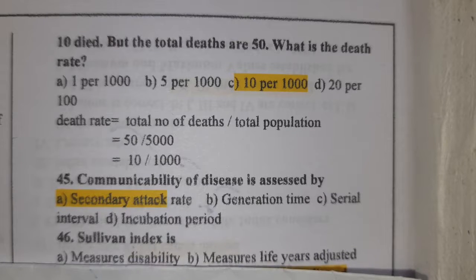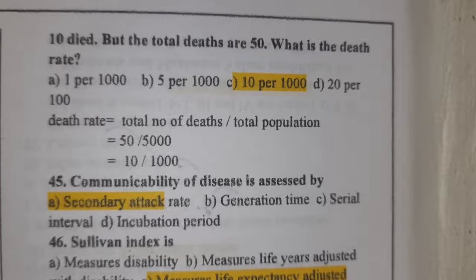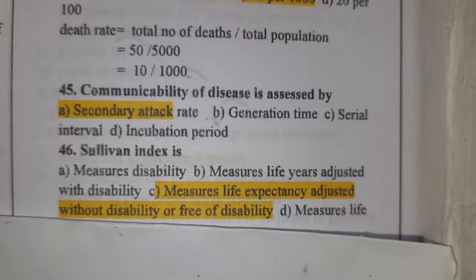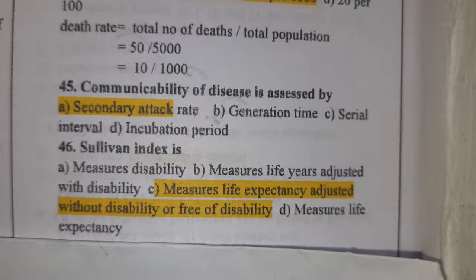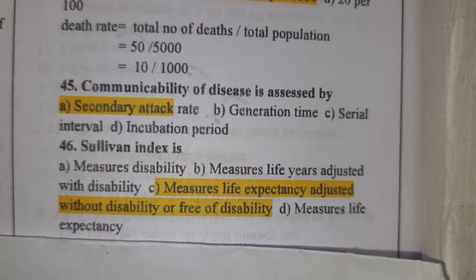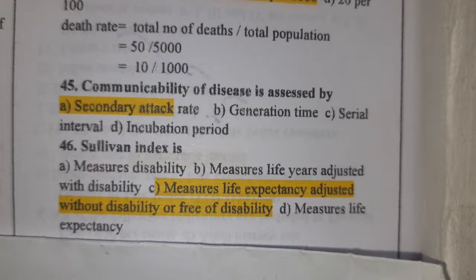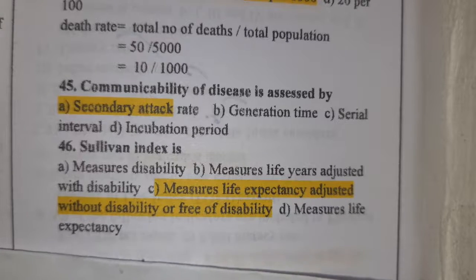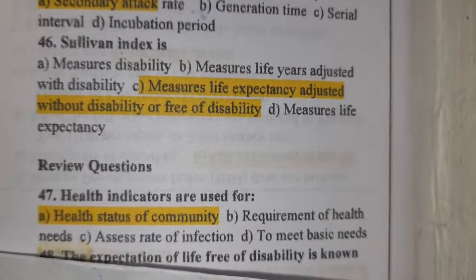Next question. Sullivan's index measures life expectancy adjusted without disability or free of disability. Next question.